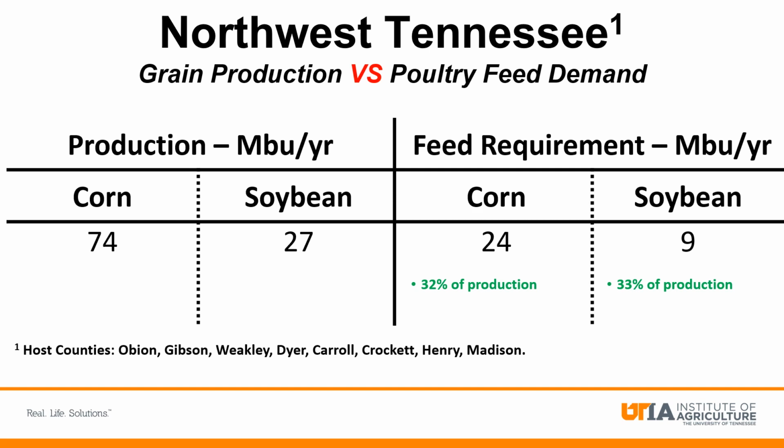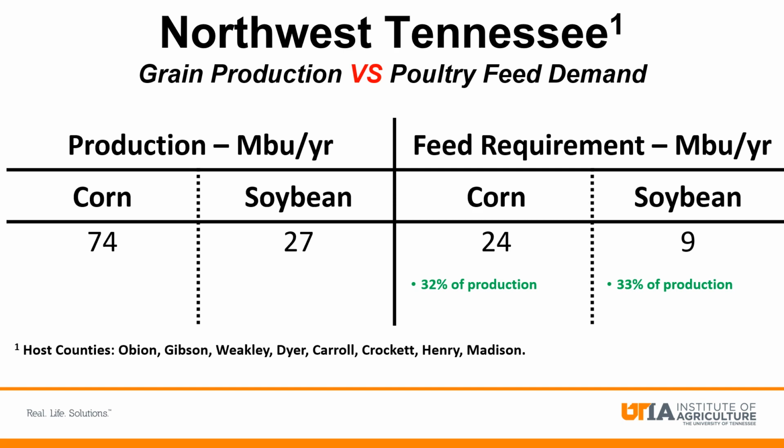I've combined the corn and soybean production in terms of million bushels per year that was produced in 2019. That'd be 74 million bushels for corn and 27 million bushels for soybean. And I'm comparing it here with the feed requirement for the broiler, the pullet, and the breeder farms for these two processing facilities.